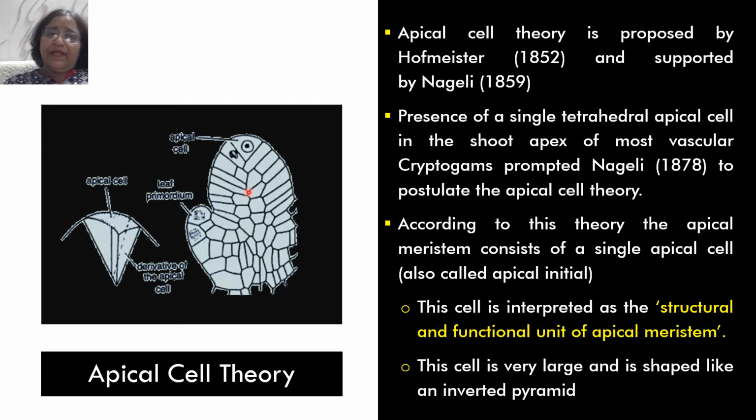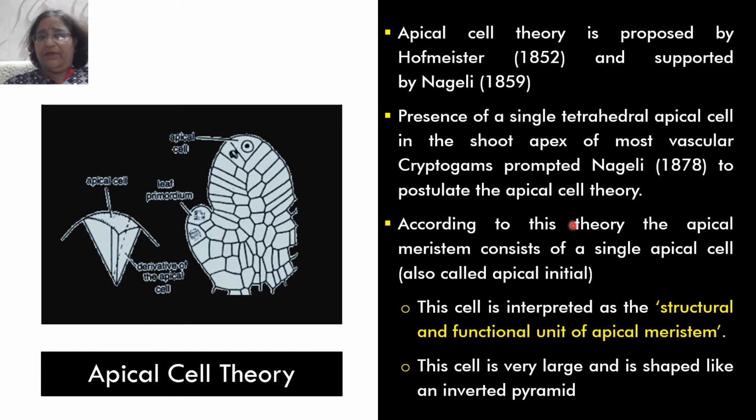According to this apical cell theory, there is a single tetrahedral apical cell in the shoot apex of most vascular cryptogams. So this apical cell theory is supported by the lower plants, lower algae, bryophytes, and some of the lower pteridophytes. But for the gymnosperms and angiosperms, this theory is not suitable.